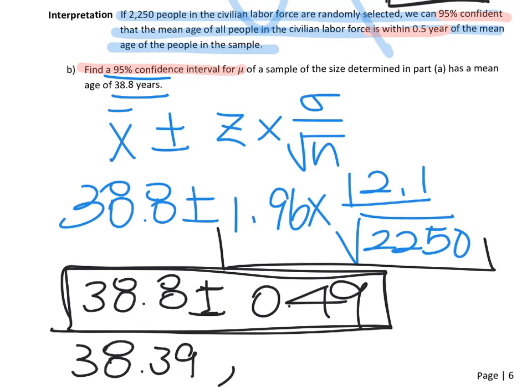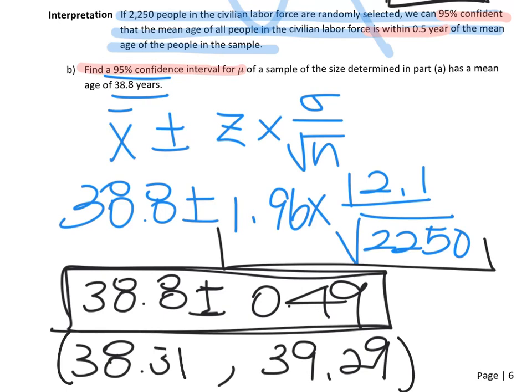And the bigger one, 39.29. Thank you. So either one would be a good answer, this form or that form. What is this? The 95% confidence interval.